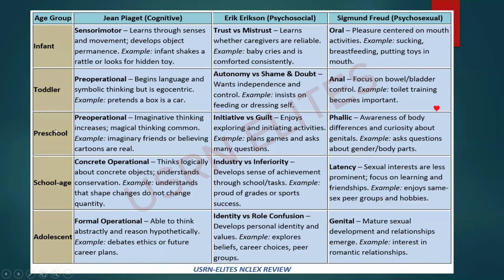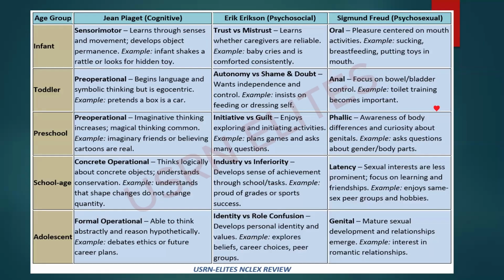Then preschool. What is the age cutoff point for preschool? Between 3 to 6 years, yes.